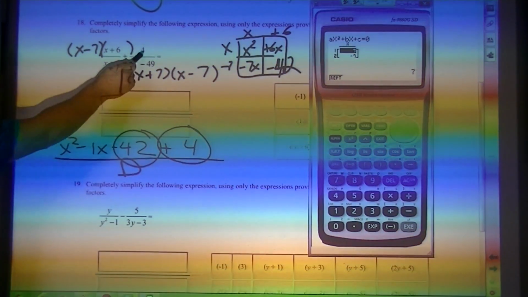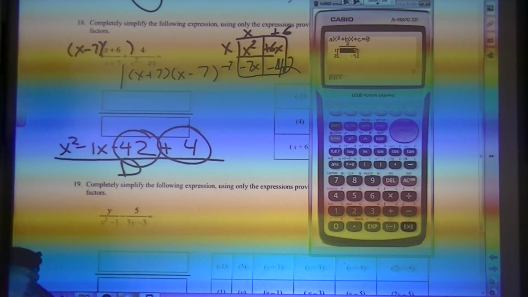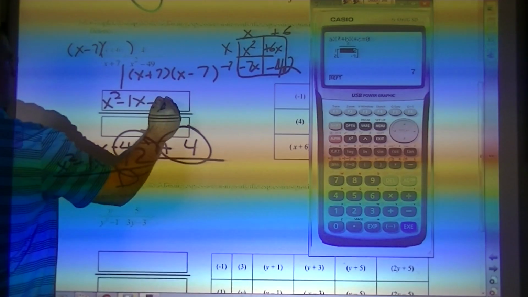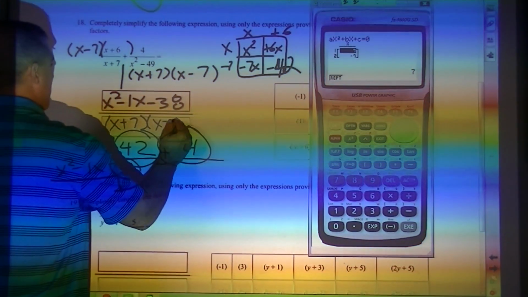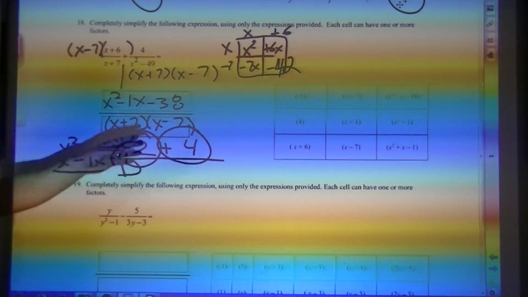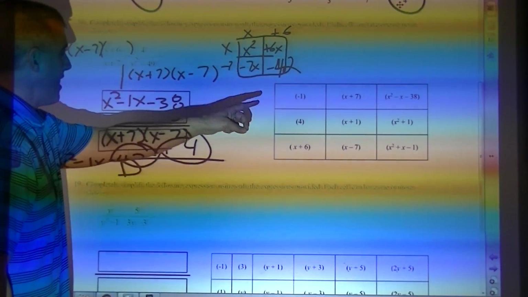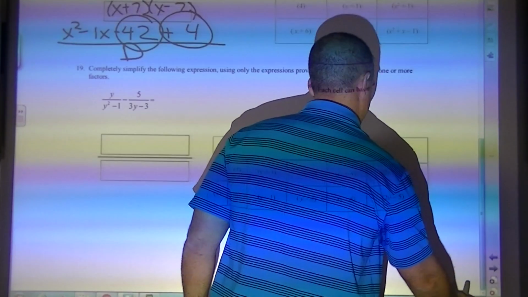This and this. There was nothing I had to multiply on that side. So what I got is x squared minus 1x minus 38. My common denominator is x plus 7, x minus 7. Once again, if you look over in your multiple choice area, the things that end up being used are this, that one and that one. I believe this is the last problem.